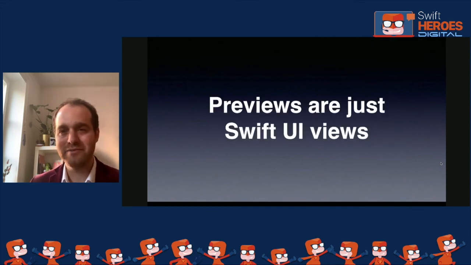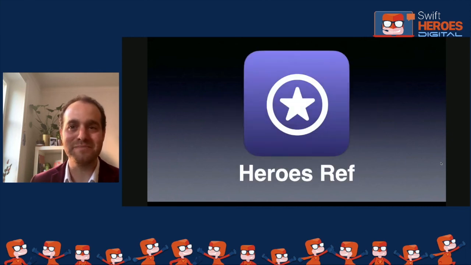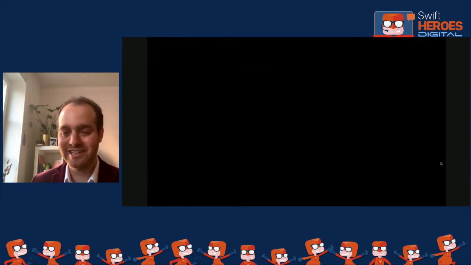And one thing we often don't talk about is that these previews that we created are basically just SwiftUI views that we could use like any other SwiftUI view. So can we use our previews to generate a reference app? A reference app is basically a catalog of all the components that exist.